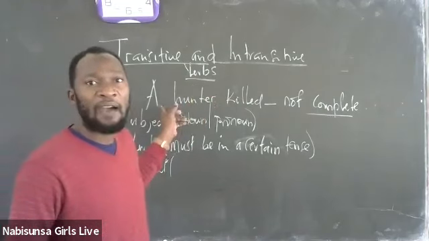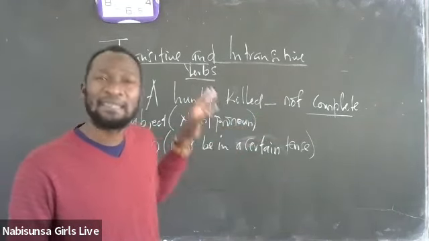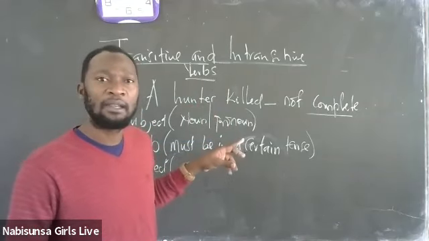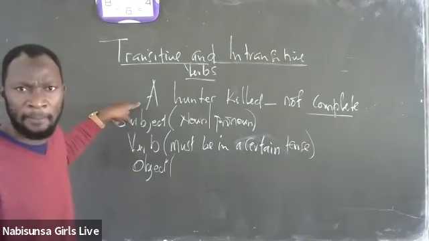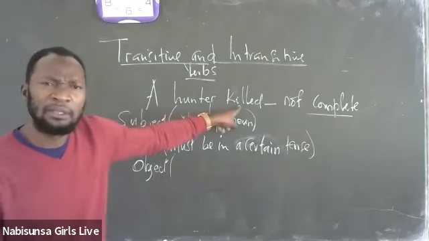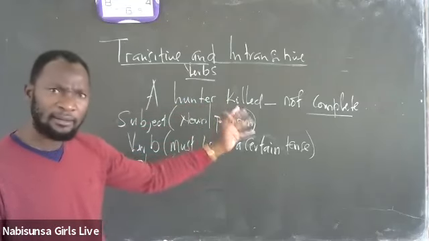Where we have a hunter killed, this sentence is not complete. What does it require to be complete? It requires an object. What did the hunter kill? The verb killed is left hanging.